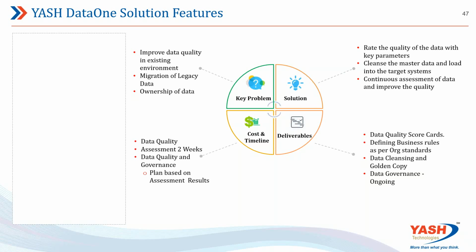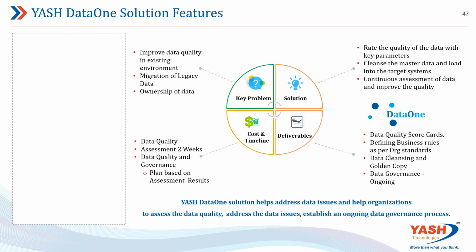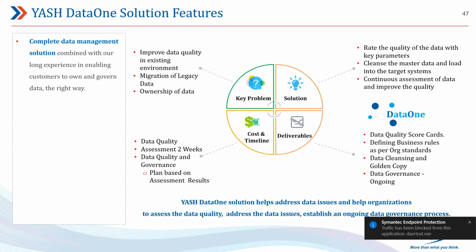So how do we do this as a solution? We start with a 2-week assessment where we put our data management architect who can sit with your IT and business teams and go through your systems. Typically, it's a 2-week assessment which helps us define the duration of the project to set up data quality and data governance, and we will tell you what it takes to implement DataOne.